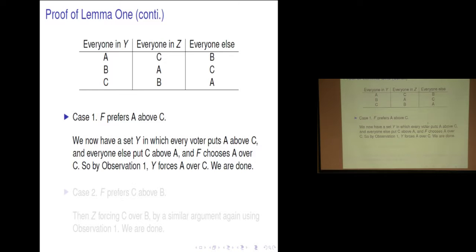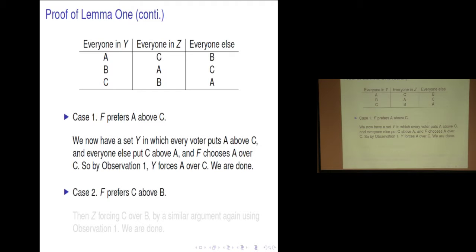Now, if we have this situation, the observation says actually Y forces A over C, right? So here we implicitly use IIA and monotonicity. So we get Y forces A over C, which means Y will inherit the power to make A high.